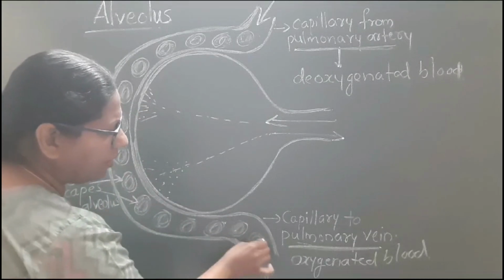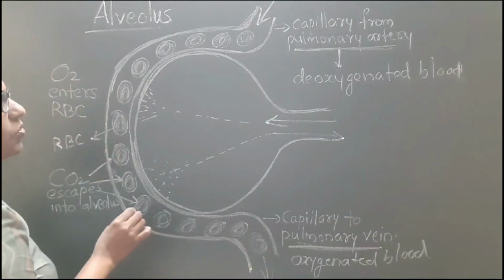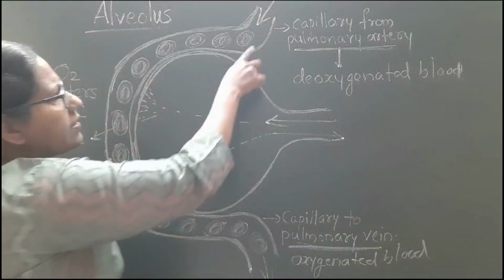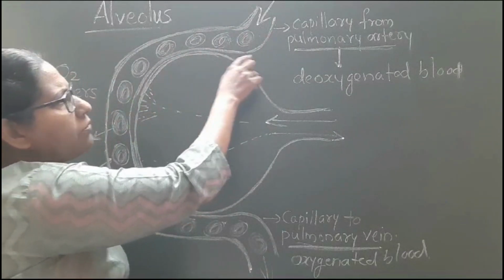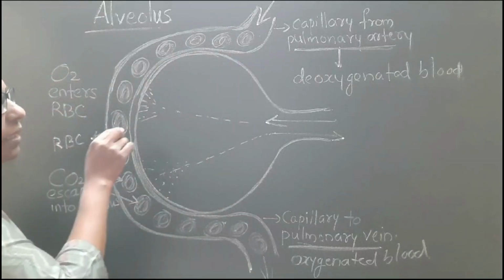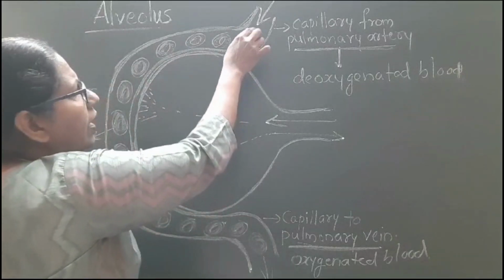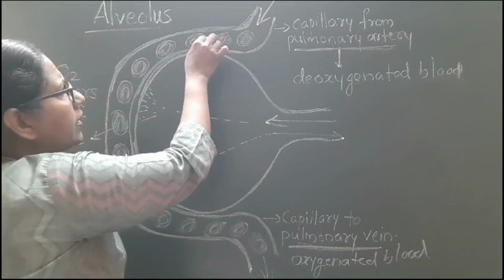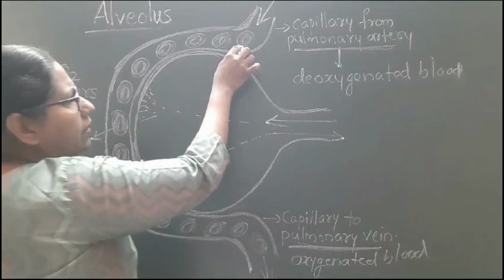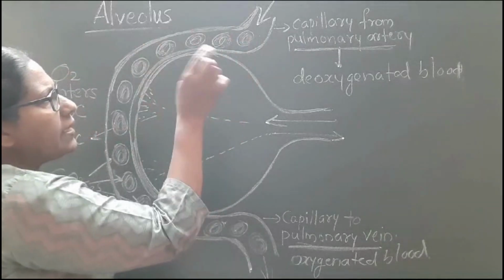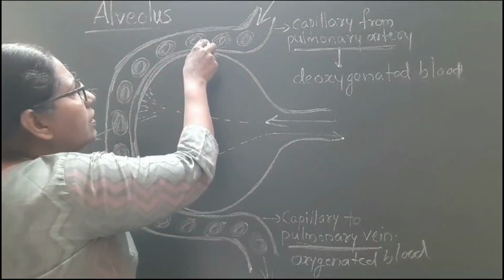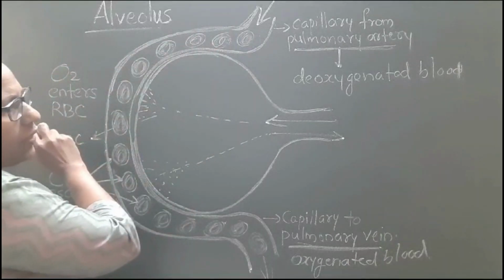This blood is coming from the pulmonary artery to the capillary.